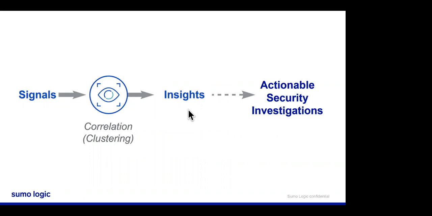Now, what this means to you and what it means to me is that, think about it. We've got maybe several 100,000 records coming in a day. And we're going to bottle it down and generate maybe 6, 8, 10 insights, depending on how much data you have coming in. That is much easier to investigate.